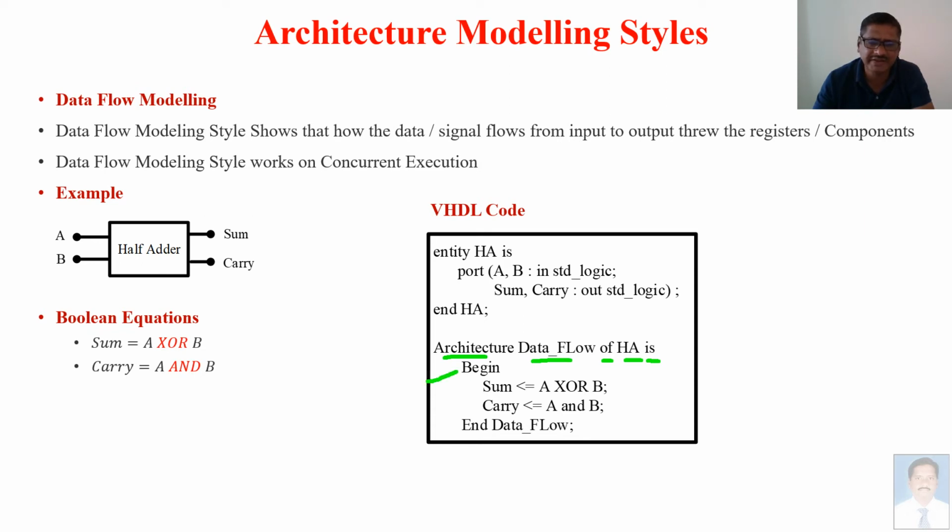Here is the begin of the architecture, and directly we will put these Boolean expressions. This is the assignment operator used in VHDL. Sum is assigned as A XOR B. XOR is a reserved word, but we are not defining it as an identifier.